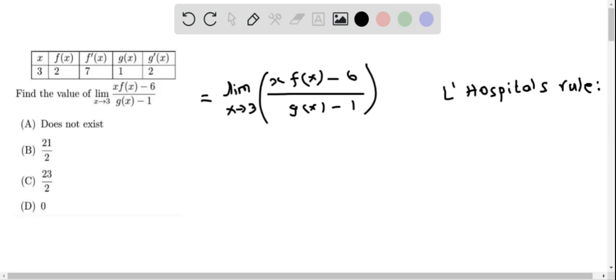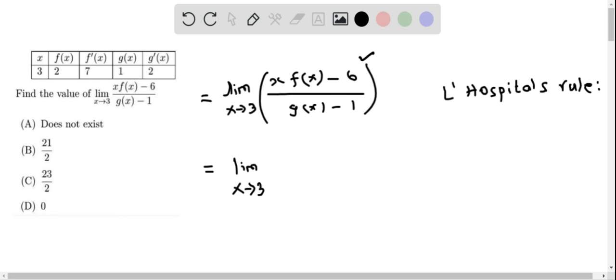So now that we have determined that we can apply L'Hopital's rule to evaluate this limit, we once again consider the original limit expression and find the derivative of the numerator expression divided by the derivative of the denominator expression. First, the derivative of the numerator expression. In the numerator, we have x f(x) minus 6.